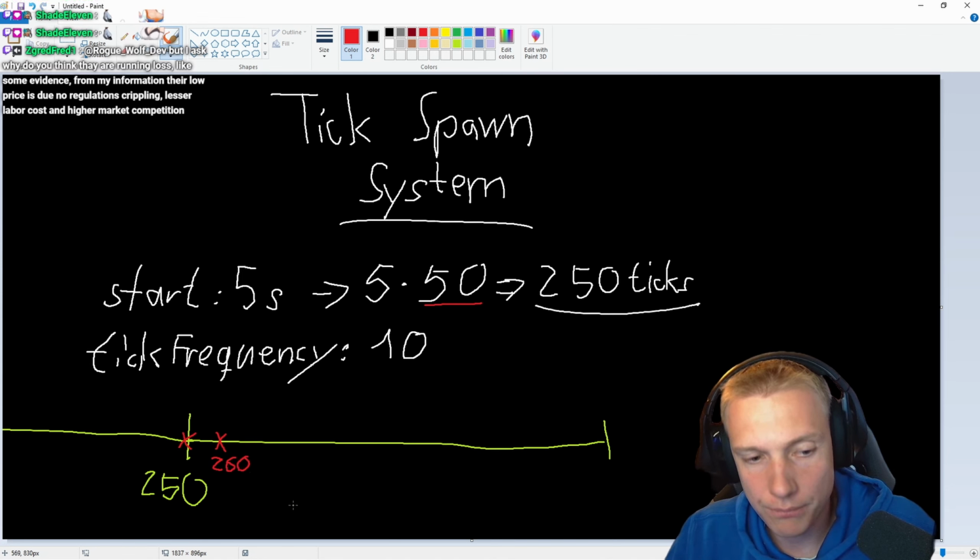So we take the elapsed ticks and then we modulo that by the spawn batch frequency. And if that's 0, then we spawn, because we will never have the same tick twice. Correct? Or maybe that's wrong.